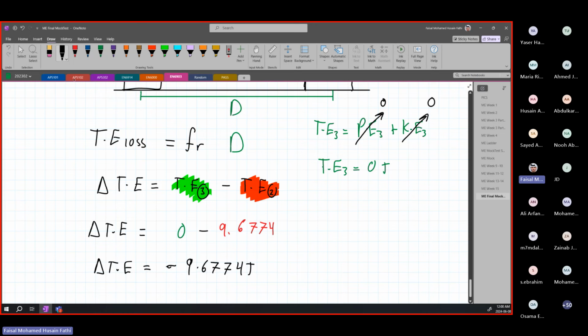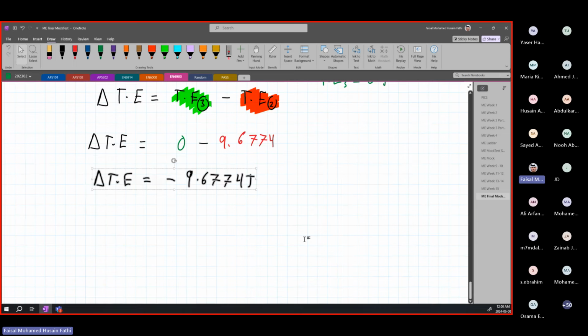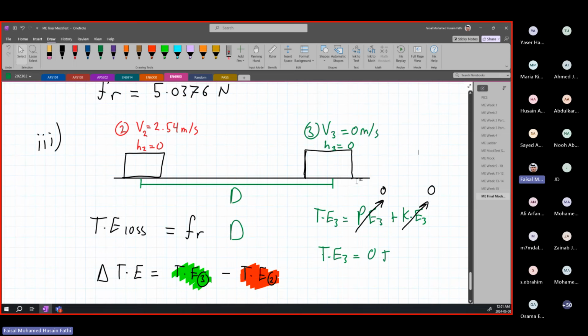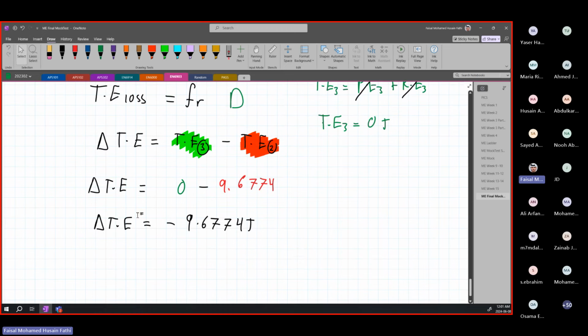Which makes sense. Why is this going to be negative and why is this 0? Because there's going to be a loss of energy, because this is getting stopped due to the force of friction. The only thing stopping this is the force of friction being applied to it, which is slowing it down. That's why there's going to be a loss of a specific value until the energy is 0. Then the block is not moving. It will have no energy in it. This is our change in total energy.